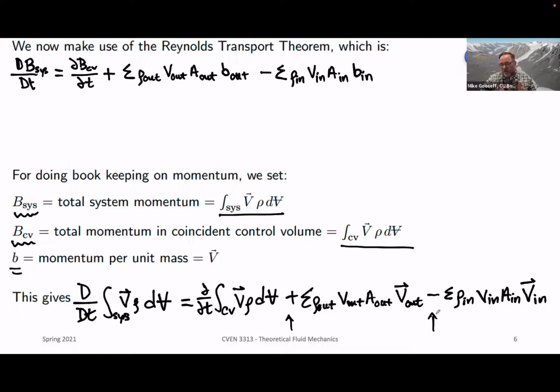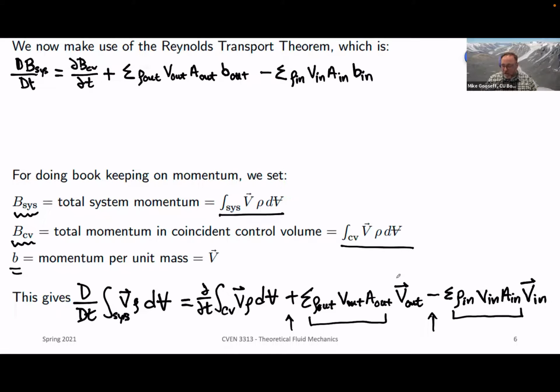So the rho VA components are already taking care of the general direction of what's coming in and what's going out. The reason we don't have a vector representation for either of these first V's, the V out or the V in, is simply because we've already taken care of the direction with the plus and minus here.